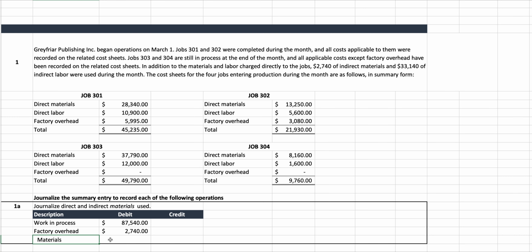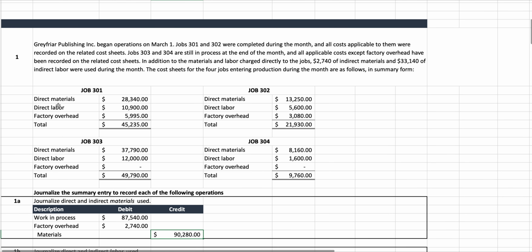Materials is also a natural debit balance, but we're taking those materials out of our raw materials account and putting them into work in process and a little bit into factory overhead for those indirect materials. So I'm just going to sum the work in process and the factory overhead, and that gives us a total of 90,280. So we have journalized the use of the direct and indirect materials for all 4 jobs.